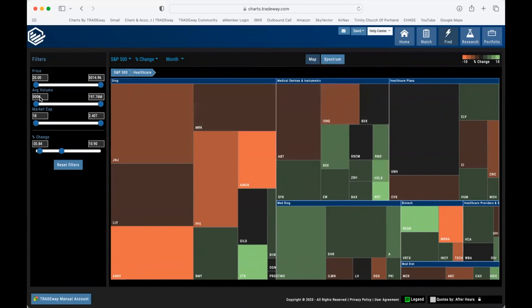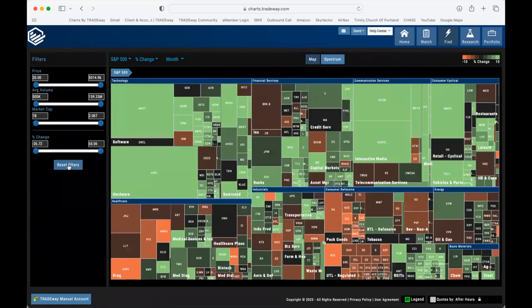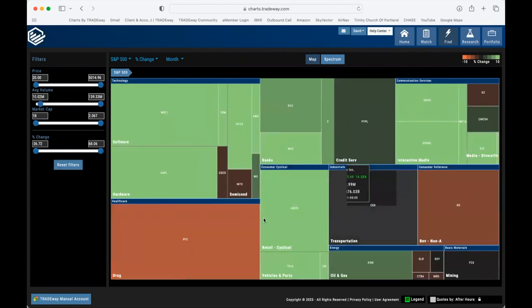We also have these filters. So let's go ahead and go back to the overall. We can reset filters, see everything in here. We could go ahead, for example, let's say we just want to look at some of the most liquid ones and change the volume to 10 million or more. There we go. 10 million or more. This is what we've got left.